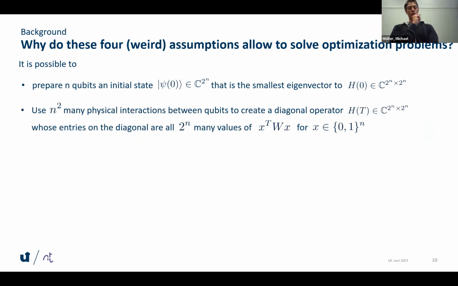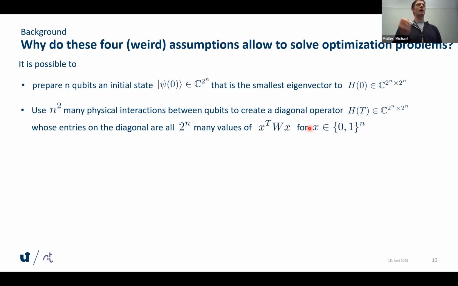Then we can use interactions between these qubits, and not too many, so only n squared many physical interactions between these qubits, to create another matrix, and even a very special one, namely a diagonal matrix, whose entries along the diagonal are the 2 to the power of n many values that we can get for x transpose W x.